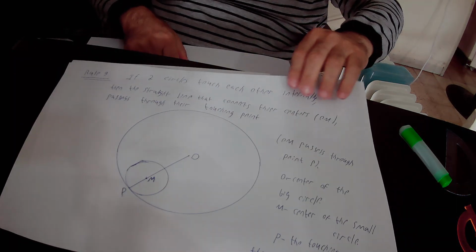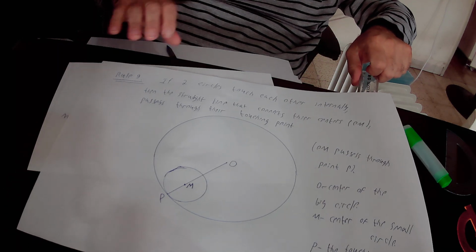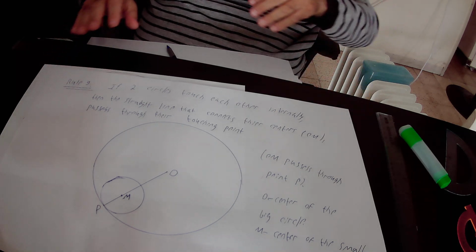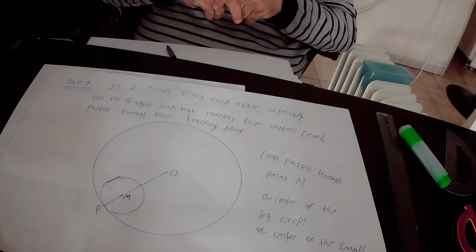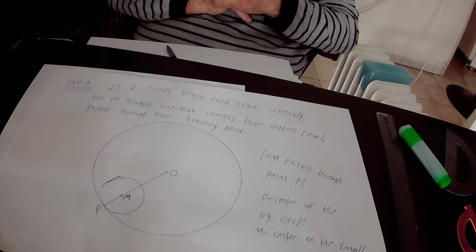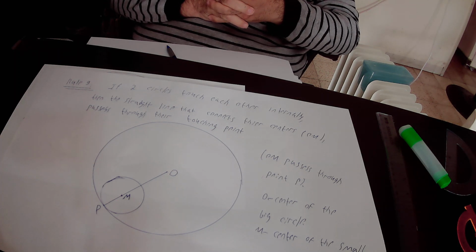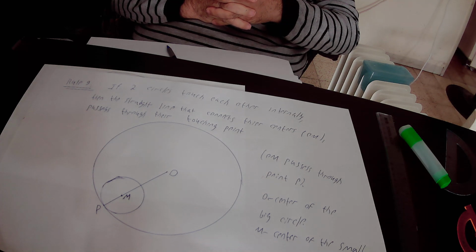According to rule number 9, if two circles touch each other internally, then the straight line that connects their centers together passes through their touching point.